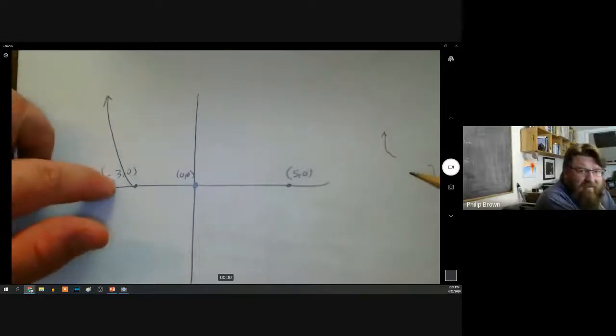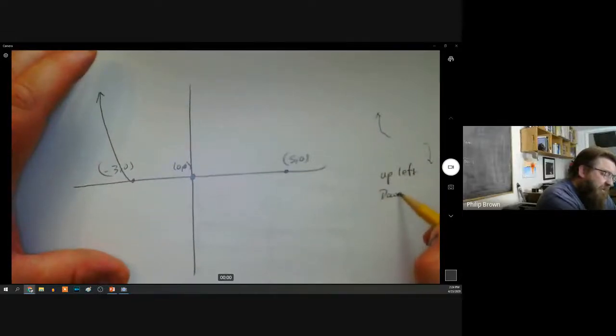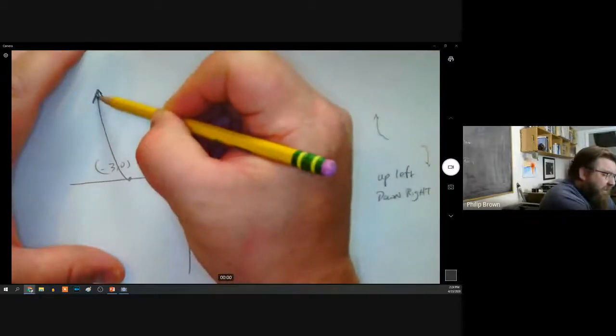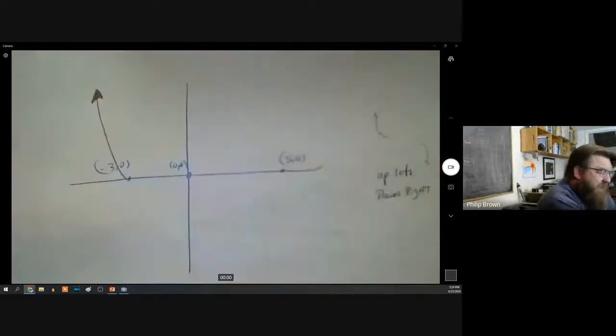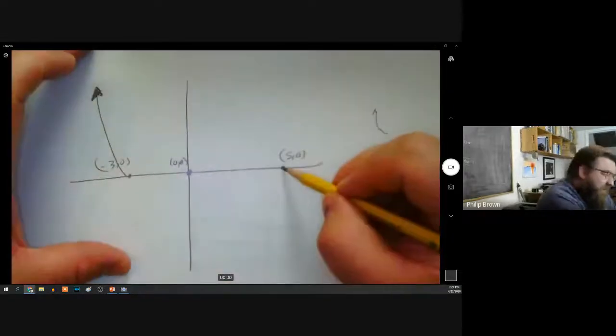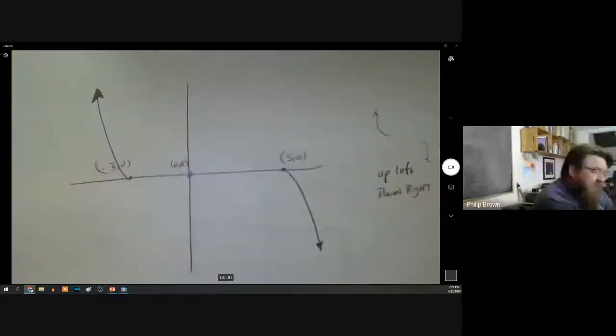This is decreasing. It can be a confusing thing to say up left, down right, because the reality is that this is not going up. This is actually decreasing. The arrow just shows that the pattern stays the same, that it's curved and going that way. And then from here, we know it's going down. We don't know how steep or anything like that, but we know that's how it's going to go.